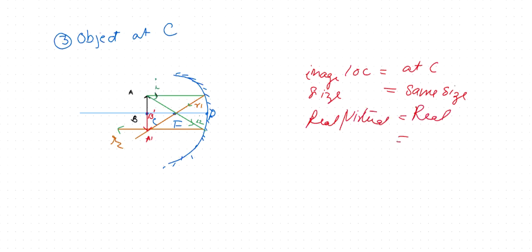Okay. Upright or inverted. It is inverted. So these are the three things about the image formed at center of curvature for the object placed at center of curvature.